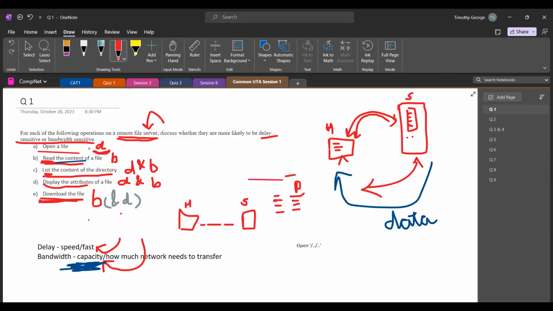This question about delay and bandwidth sensitivity. You would need to know delay sensitivity and bandwidth sensitivity. If you've read your textbook, you can see delay sensitivity and bandwidth sensitivity in a table. I don't know whether you have looked at that.